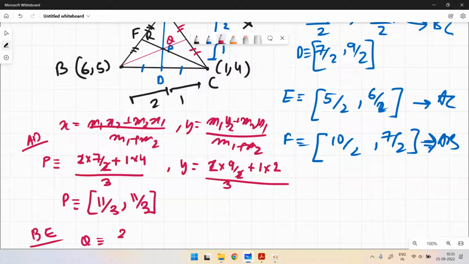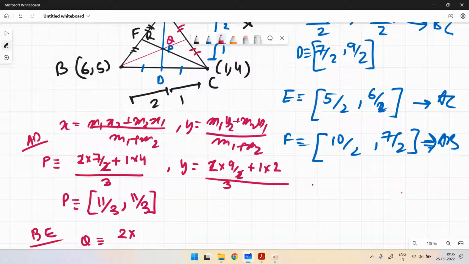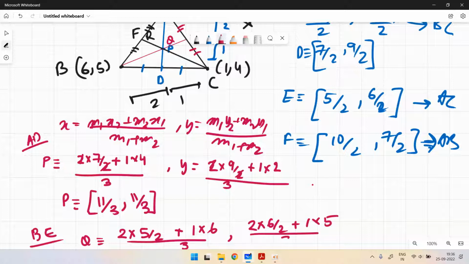So m1 x2 for the E point, x is 5 by 2, plus m2 is 1, x1 over 3, comma what is y? It is 2 into 6 by 2 plus y1 into m2, y1 is 5 by 2, plus 1 is 3.